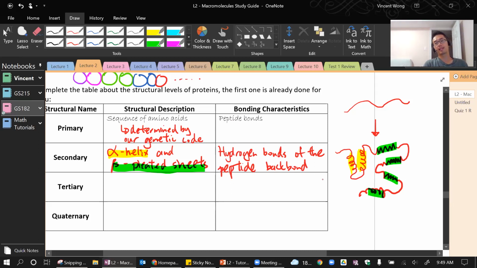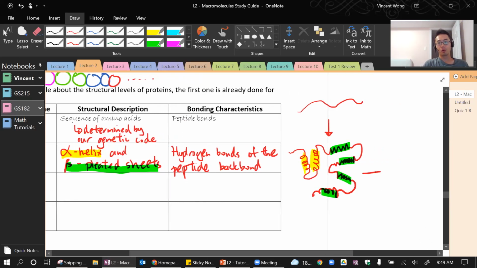So this, for the most part, is still relatively 2D. It's like flat on a piece of paper. Then it will continue to fold. Okay, so maybe this will fold over like out of the page, and then now you're gonna get this. I can't really draw this too well, but then it's like a big mess, right? Okay, and you have like a 3-dimensional shape.